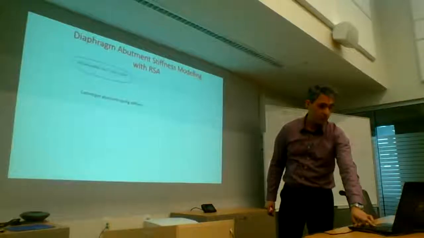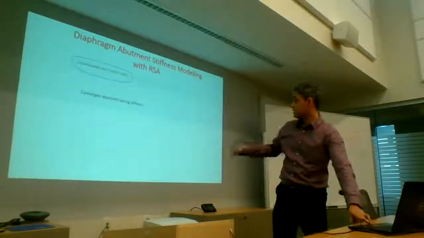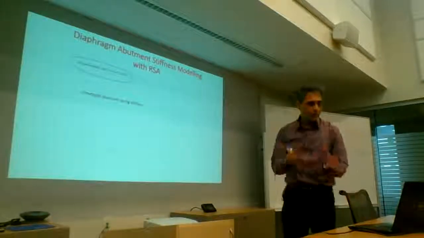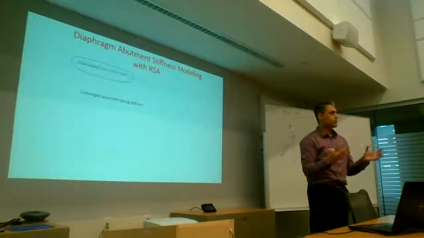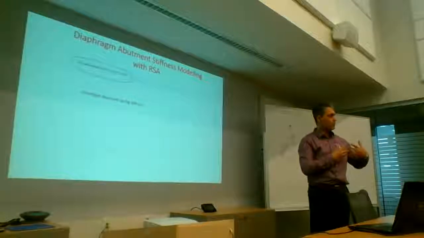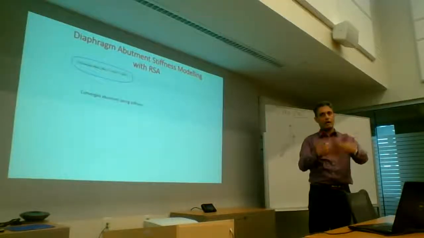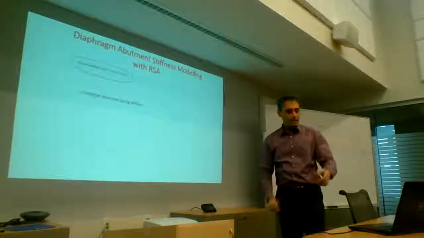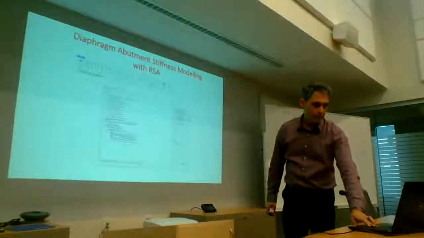It's a stiffer system. And so when you have less, you're going to throw less load here. Okay? So it's trying to balance out the force flow. It's trying to see how much you can take in the abutment, how much you can share at the piers. If you throw everything at the pier, it may be problematic.